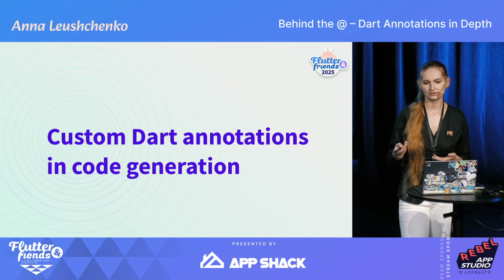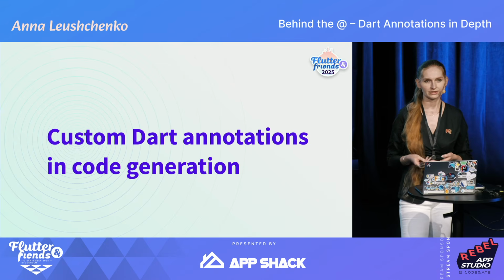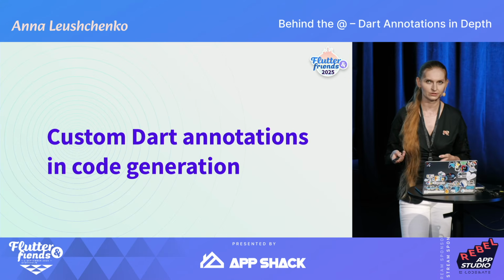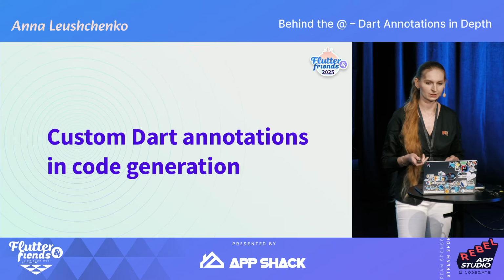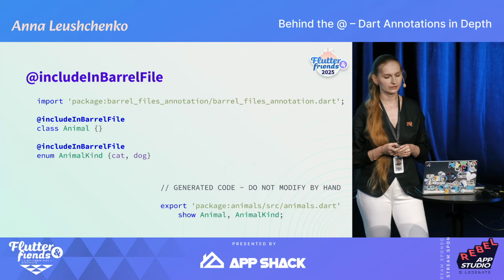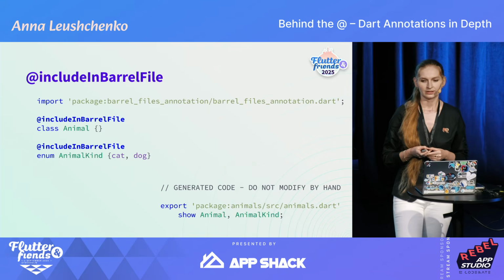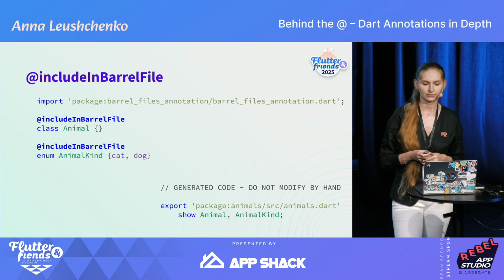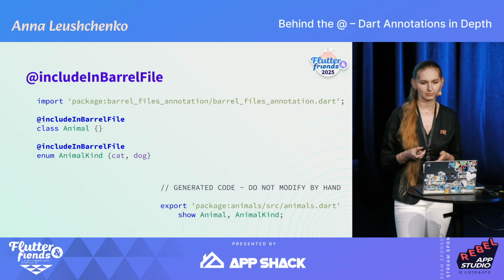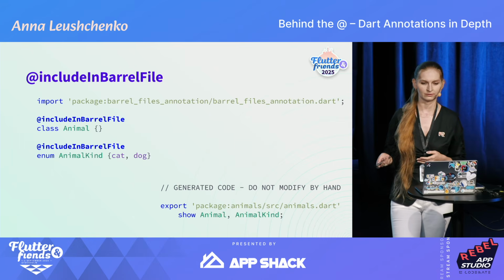Well, actually, in this context, all annotations, including JsonSerializable, freezed, injectable, route page, REST API, all of them are custom. So for this example, I'll demonstrate an annotation from my barrel files generator package. Without going into much detail about the package and the motivation behind it, there is an annotation called IncludeInBarrelFile.